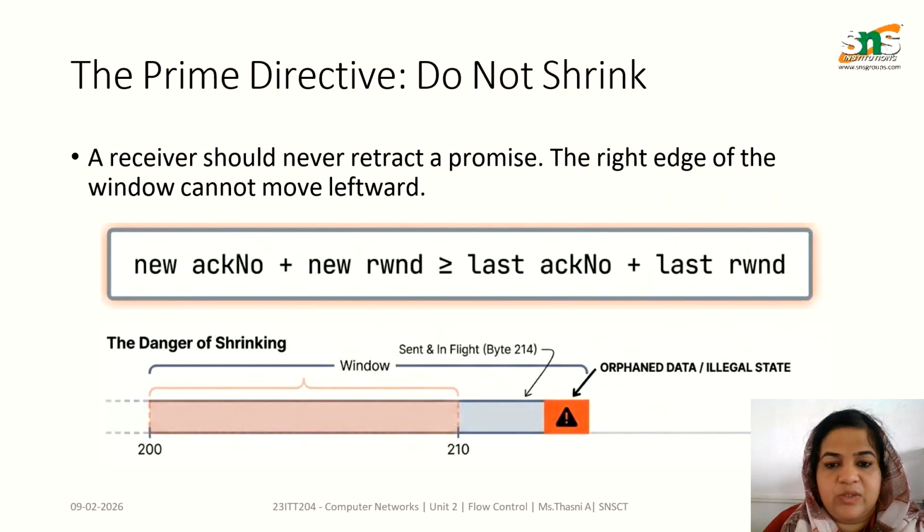The prime directive is don't shrink: the receiver should not retract a promise, so the right edge of the window can't move left. The formula is: new acknowledgement number plus new window should be greater than or equal to the last acknowledgement number plus last window. The danger of shrinking is that data would be sent to an illegal range.